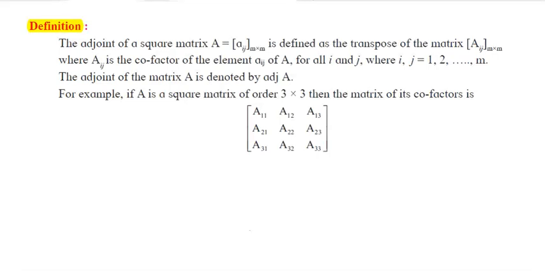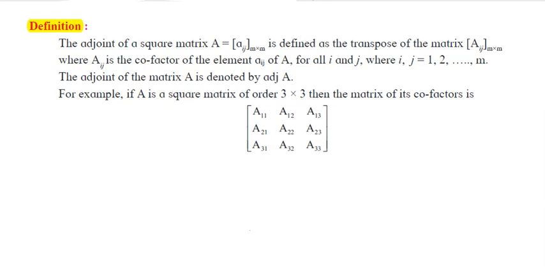The next definition is adjoint of matrix A. So adjoint of square matrix A, that is matrix Aij with order m by m, is defined as the transpose of matrix Aij of order m by m, where capital letter Aij is the cofactor of elements aij of matrix A for all values of i and j, where i and j have values 1, 2 and so on up to m.